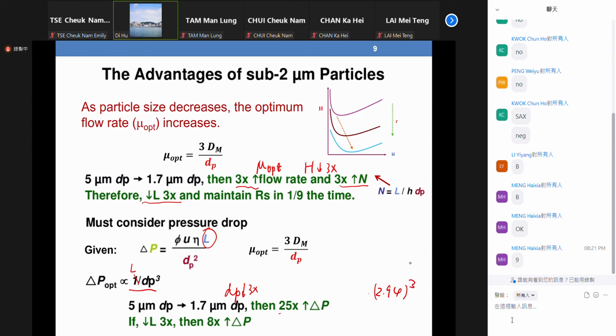However, if you keep N unchanged, if N is the same, now you have a column length 3 times shorter, so L is 3 times shorter. Oops, sorry.